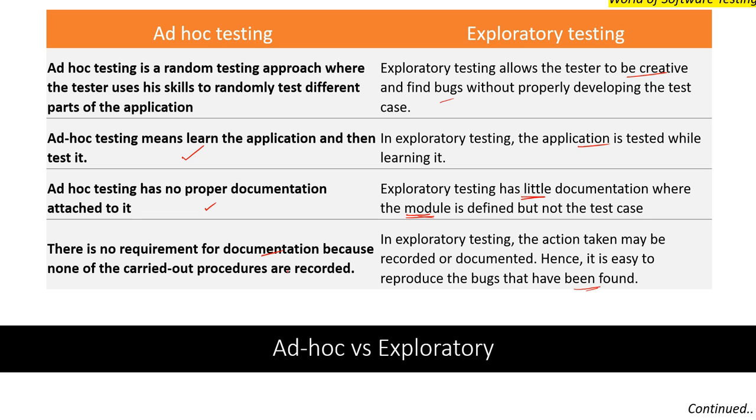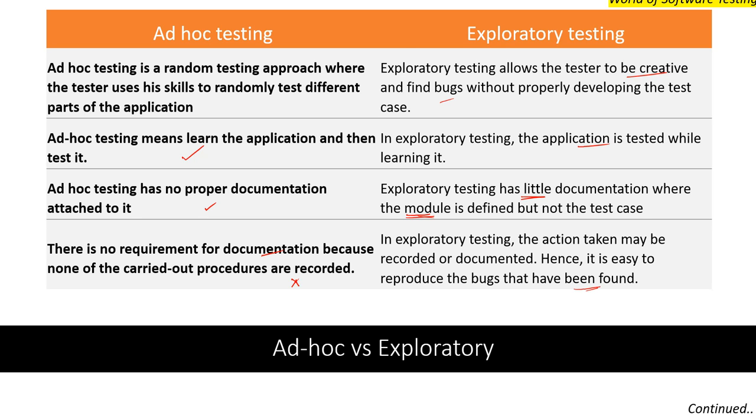In ad hoc testing, as we are not preparing any documentation, reproducing the defect is quite impossible. In exploratory testing, whatever actions or test execution steps we perform on the application can be recorded or documented, and hence it is easy to reproduce the bug that has been found in the application.